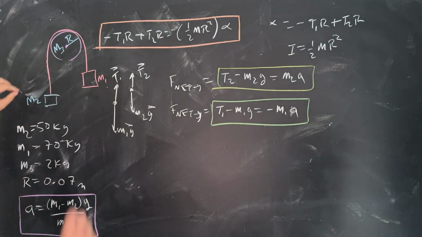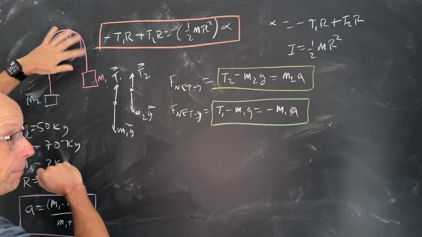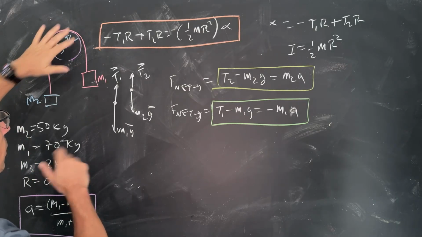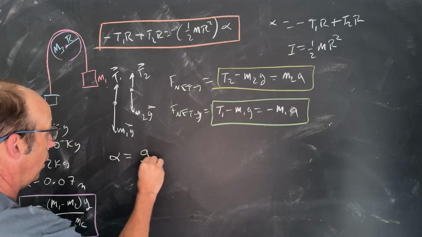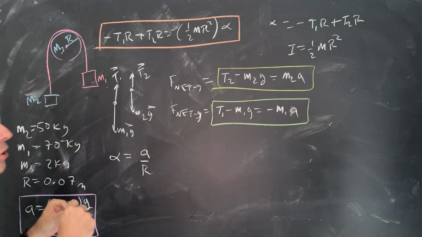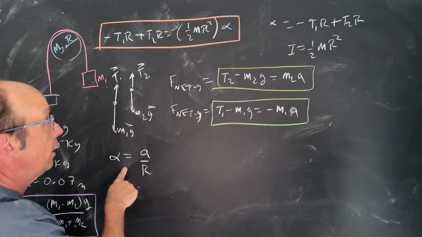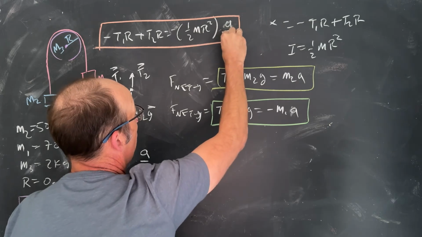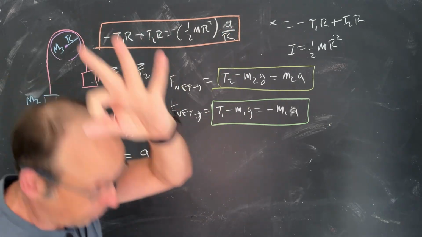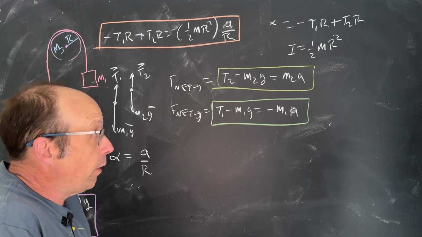But if these are accelerating and the string does not slip on the disk, then we have the following relationship. Alpha has to be equal to a over R. That's our relationship between angular acceleration and linear acceleration, right? So if I put that in up here, a over R, now I have 3 equations, 3 unknowns. How do you solve 3 equations, 3 unknowns?